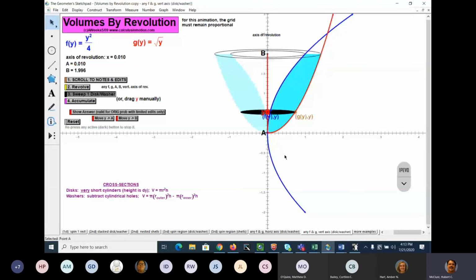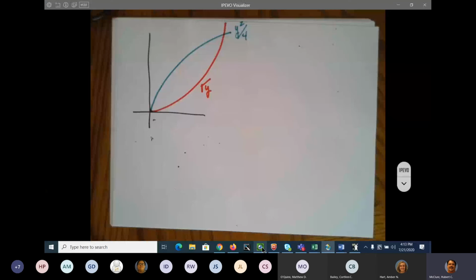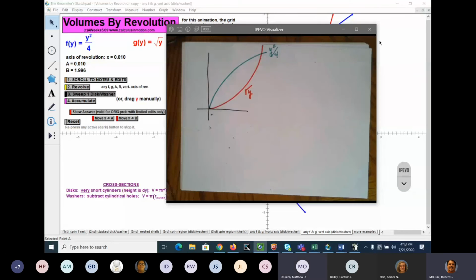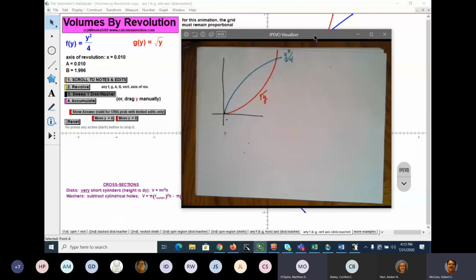That's as close as I can get it. All right, 0 to 2. Y is equal to 0 to 2. I'll write all this down. So you could have this one as a homework problem for around the y-axis with the other question. So we're going to go from 0 to 2.